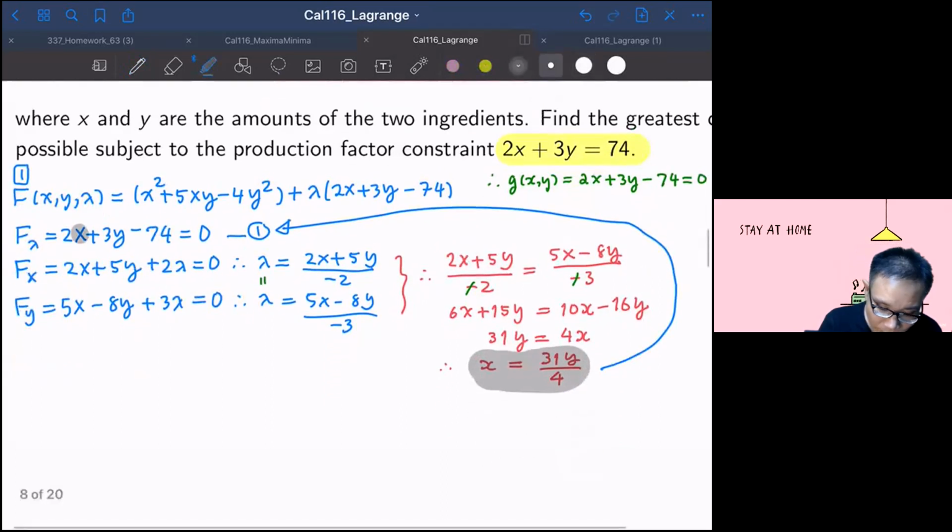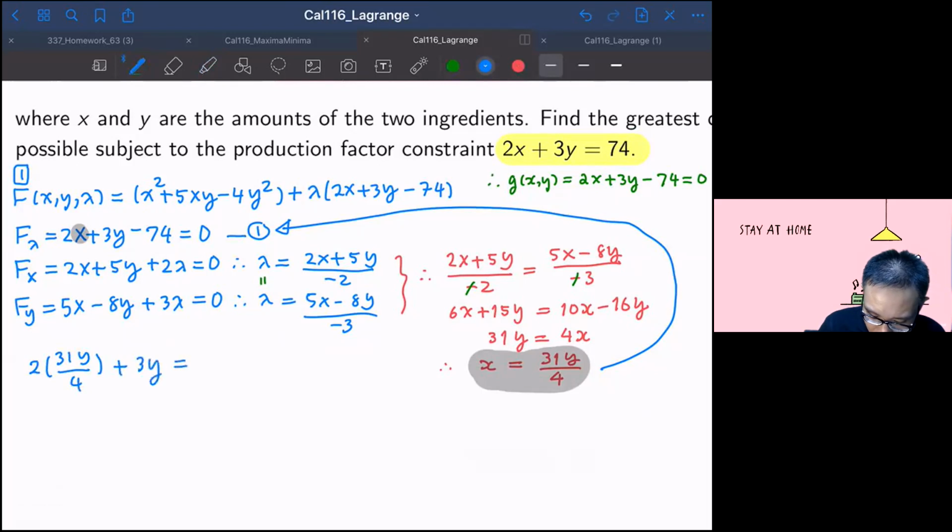So you would get 2 times 31y over 4 plus 3y equal to 74. So you're gonna solve for y in this case.